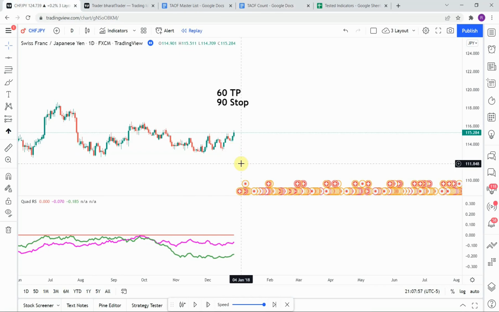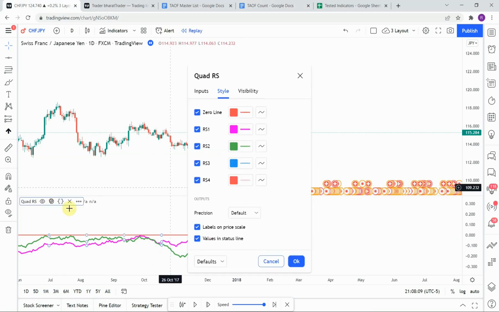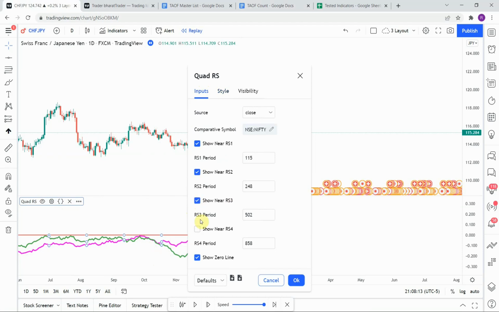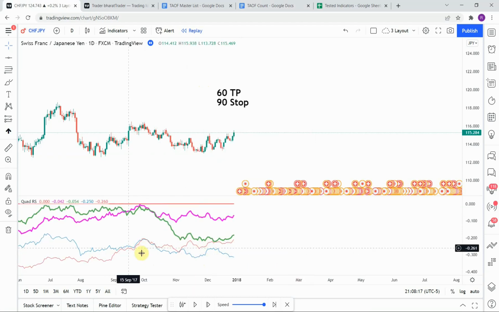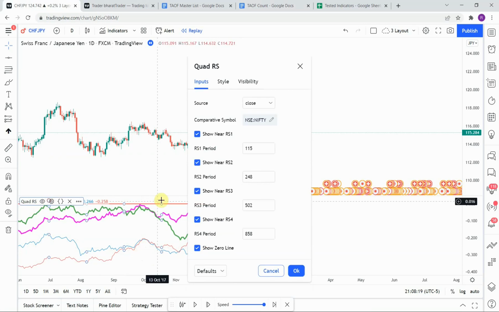Alright, so today's indicator is the Quad RS indicator, and you can see it here on the bottom of the screen. I did go in and make a slight change to this. So it is the Quad RS, and technically there should be two other lines associated with it, as you can see right here when I turn those on.